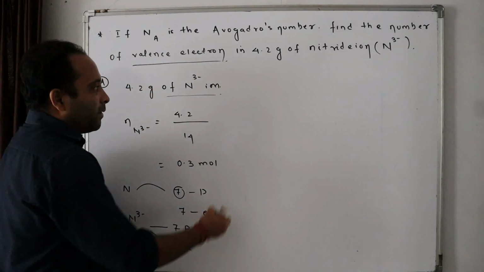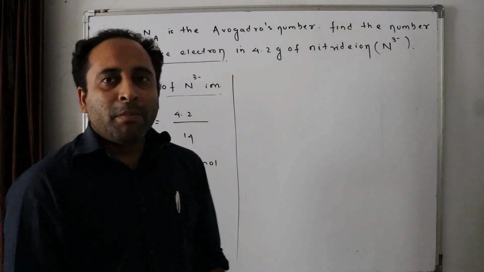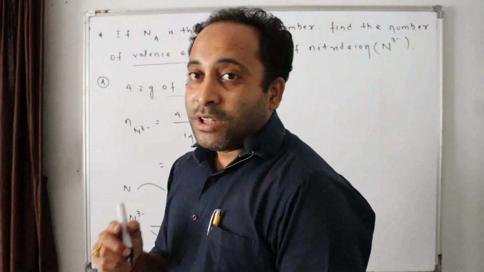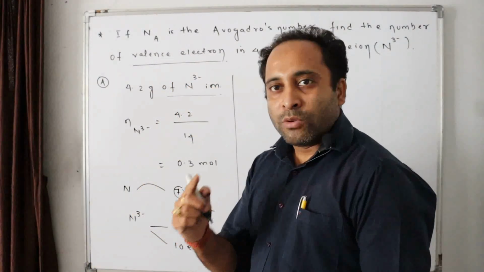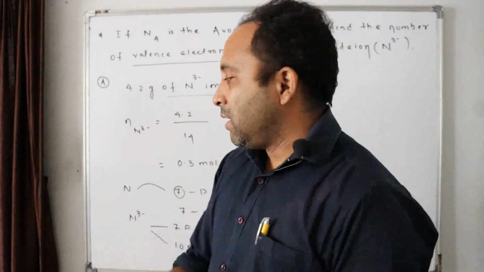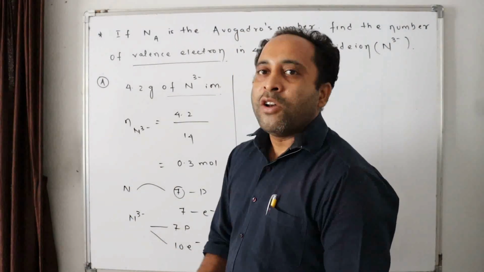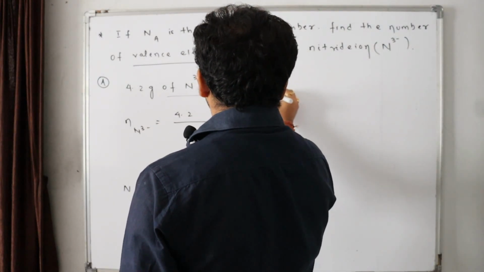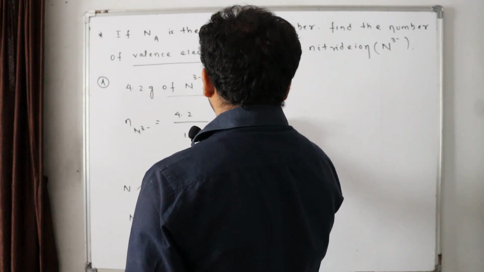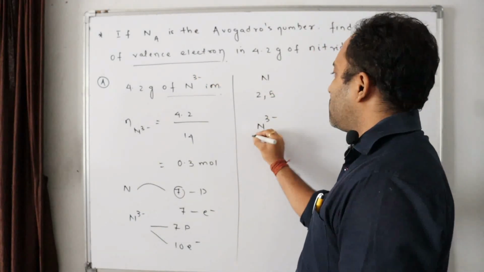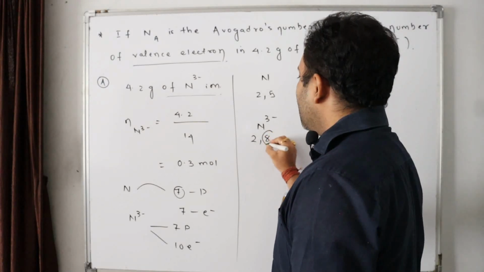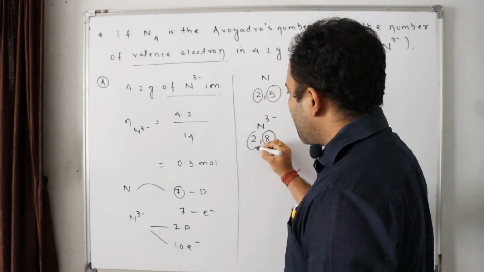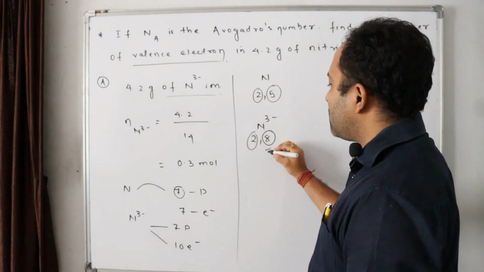For people who don't know what valence electron is, the number of electrons present in the outermost shell is called valence electrons. So in nitrogen it was 2, 5 initially, but in nitride ion it is 2, 8. First shell contains 2 electrons, second shell 5 electrons. But nitride: first shell 2 electrons, second shell 8 electrons. So how many electrons in the outermost shell?